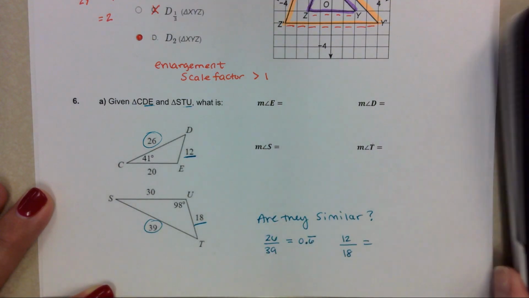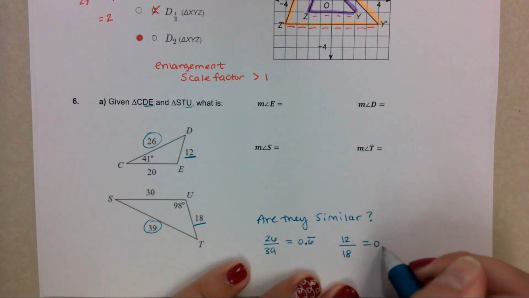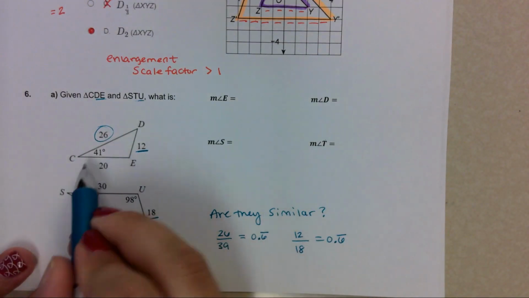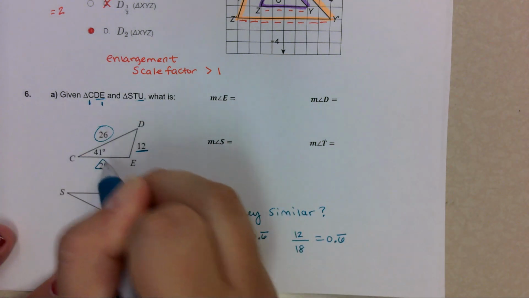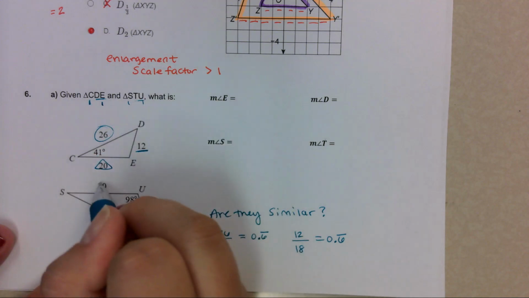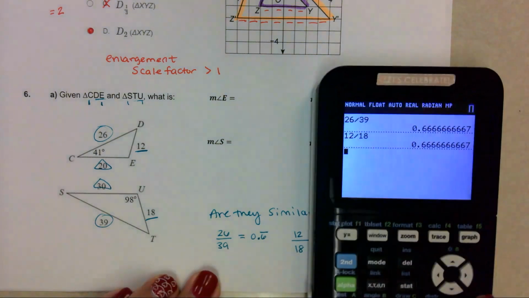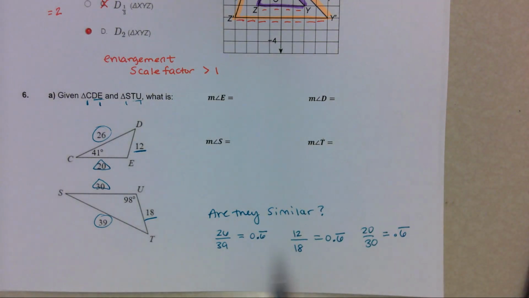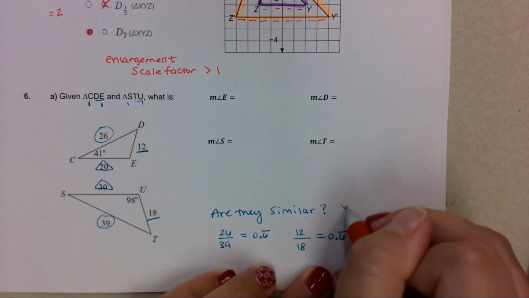Let's divide those, and we get 0.6 repeating. And then lastly, we have CE, which should correspond with SU, which is 20 to 30. And when you divide those, we get 0.6 repeating. So since they have all the same ratio for the corresponding side lengths, that means they are proportional, which means yes, these are similar.